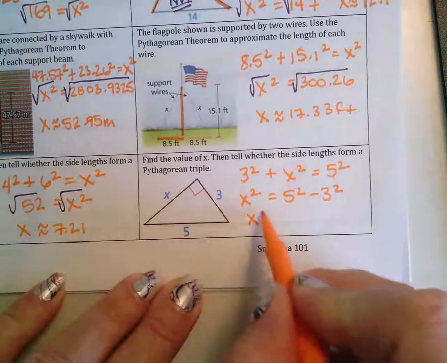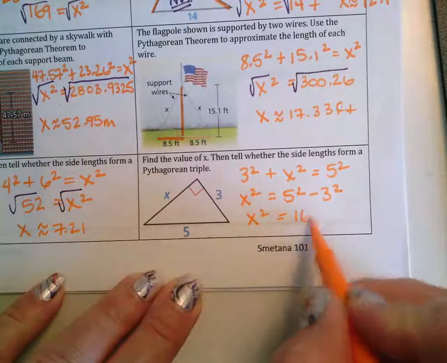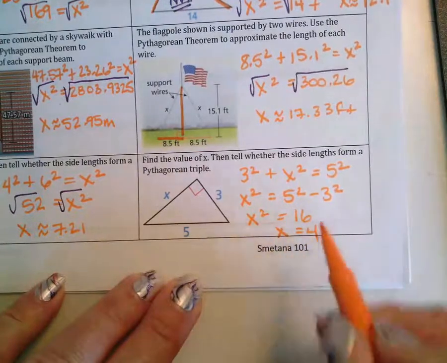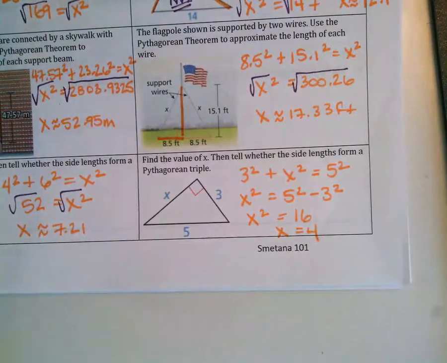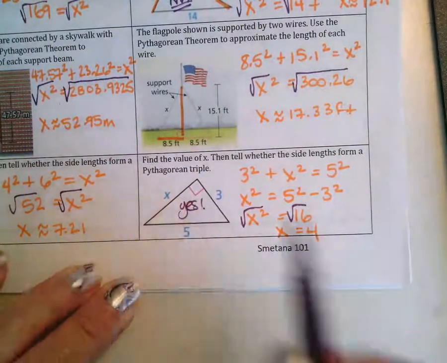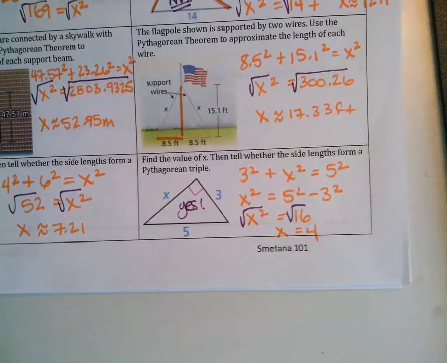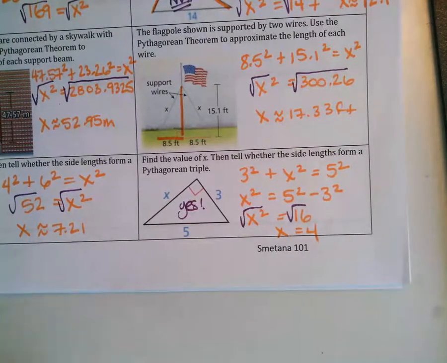So x squared equals 16 and x equals 4, because I would take the square root of this. And yes, that is actually one of the most common triples, 3, 4, 5. Okay, that's the front page.